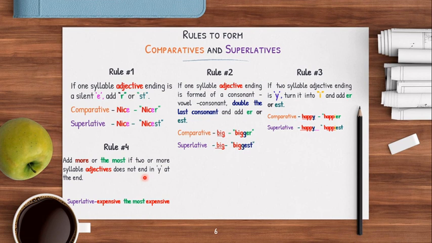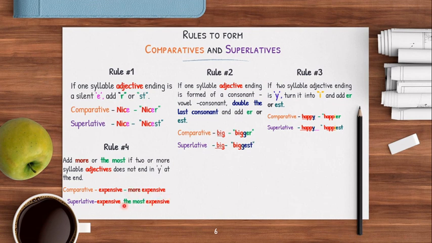If that adjective has more than two syllables and does not end in y, we simply add more before the adjective for the comparative. For example, you have the adjective expensive over here. So we add more before the adjective expensive, and that becomes a comparative, more expensive.